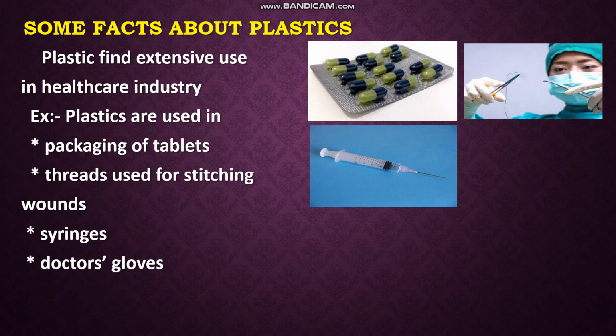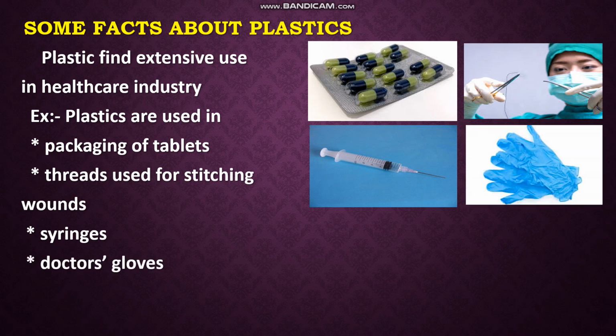Then doctor's gloves are also made of plastic, and there are many medical instruments made of plastics. So these are the medical uses: packaging of tablets, threads used for stitching wounds, syringes, doctor's gloves and other medical instruments.